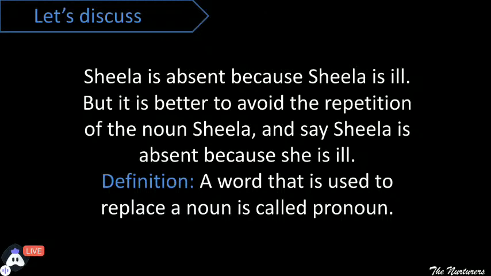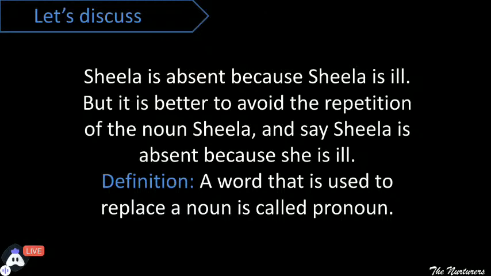Sheila is absent because Sheila is ill. Now, if we are discussing any particular person and we are repeating the name of the person again and again, that is, if I repeat Sheila 5 or 10 times whenever I'm talking about her, it won't look nice. That Sheila is absent because Sheila is ill, Sheila is gone out of station.